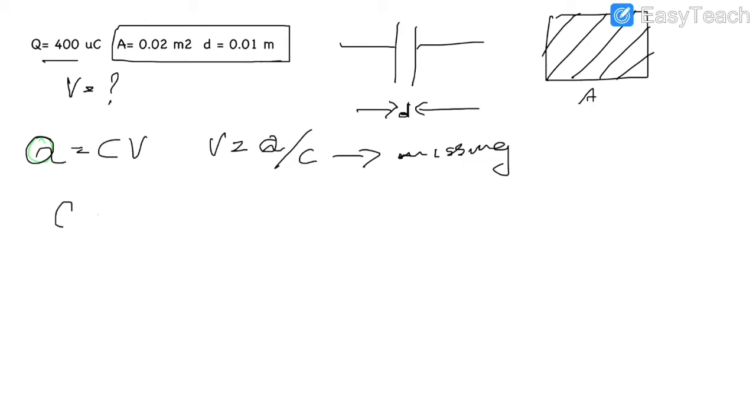The formula for capacitance of a parallel plate capacitor is given by epsilon times A by d. Here A is the area of the parallel plates, d is the distance between them, and epsilon is known as permittivity. It's just a measure of how many electric field lines can pass through that dielectric medium.